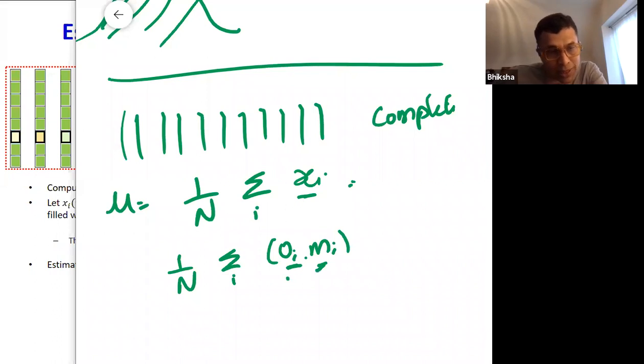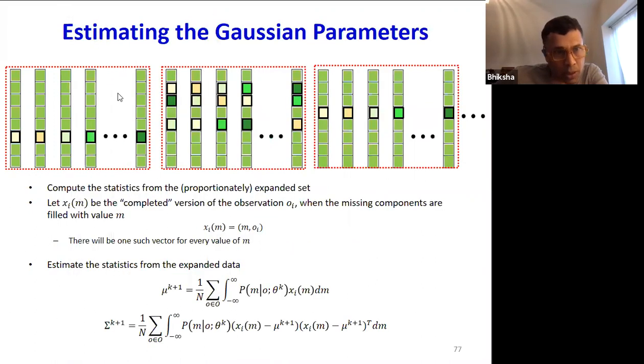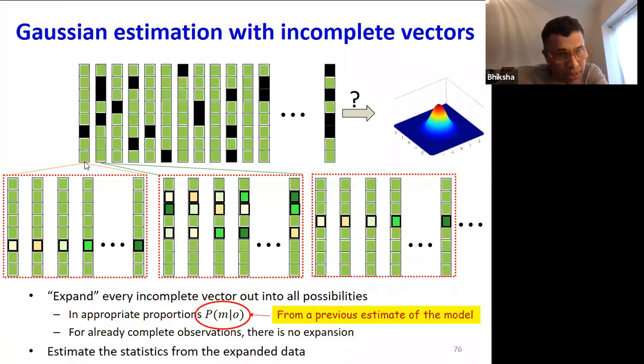But then here is something that comes in. This block of the completed data all have the same observed component, right? The first block comes from the first vector here. So this block of completed data all came from the first vector.